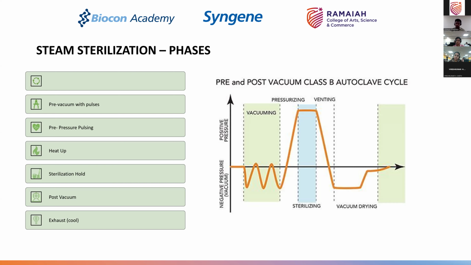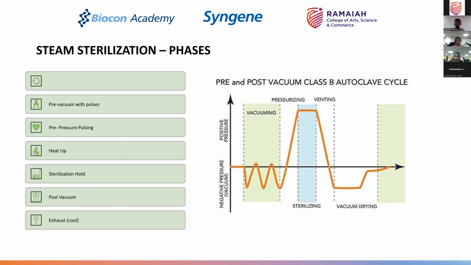You have to heat up the chamber, and you have to heat it up rapidly. So you introduce a lot of steam into the system and heat it up to 121 degrees centigrade, assuming that is the condition at which you set your sterilization time, and you achieve 121 degrees centigrade inside the chamber.